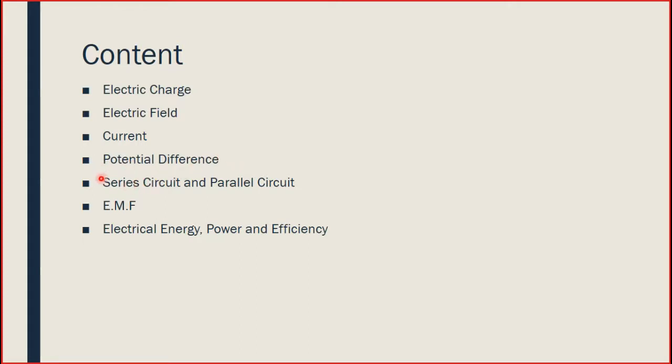We have two types of resistance: for resistance, we usually make them in series or in parallel circuit. Next, we are going to do EMF, electromotive force. Last but not least, we are going to cover electrical energy, power, and also efficiency. All right, so let's get started.